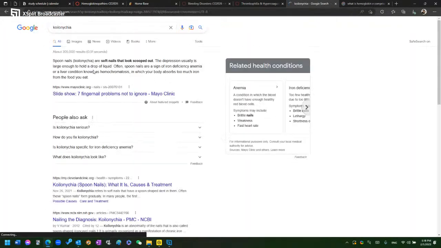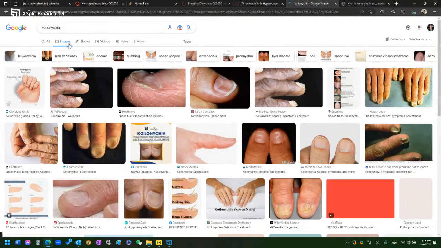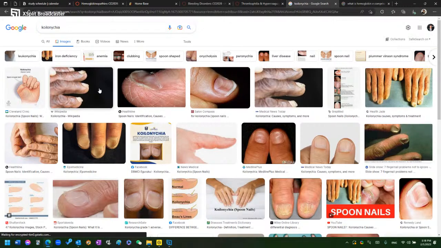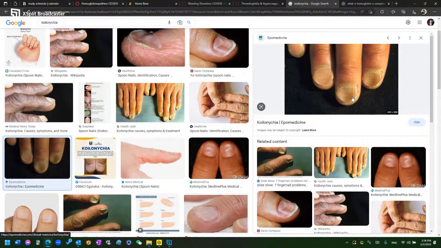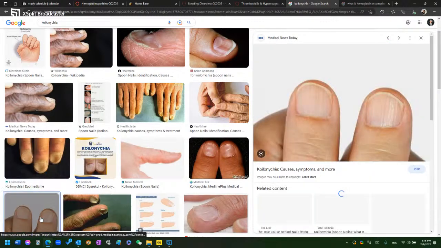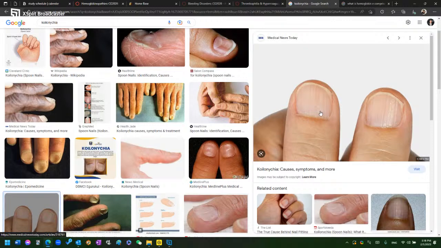Let's see if you can get a photo. I think they scoop upwards. Yeah, they go upwards. I mean, that's like the really bad kind, right? But even this, yeah, this can happen.